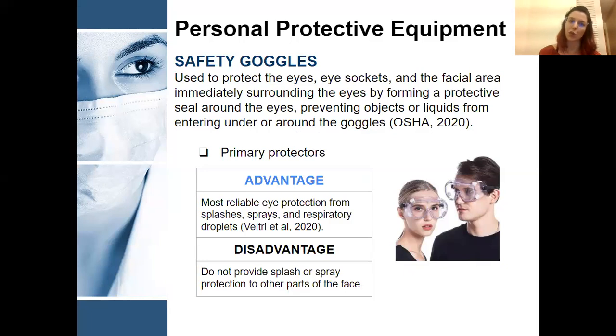The advantage to wearing safety goggles is that they are the most reliable eye protection from splashes, sprays, and respiratory droplets because they are enclosed from the forehead to the under aspect of your eyes. The disadvantage is they don't provide splash or spray protection to other parts of your face.